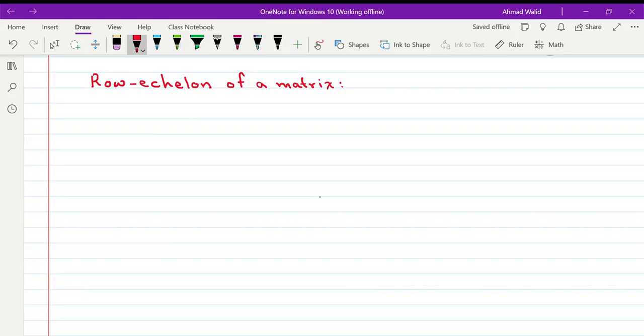Hello all, let's start part 2 of our lecture in 6.1. In part 2, first I want to explain what is row echelon of a matrix. If you have a matrix, let me draw for example a 3 by 3 matrix for you.